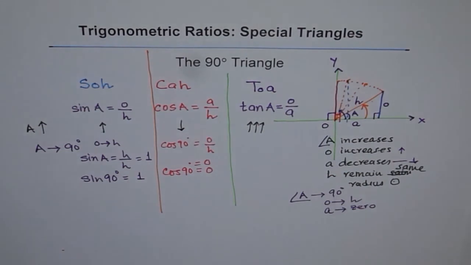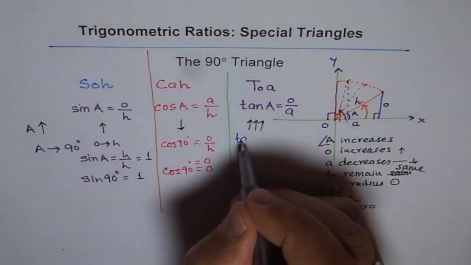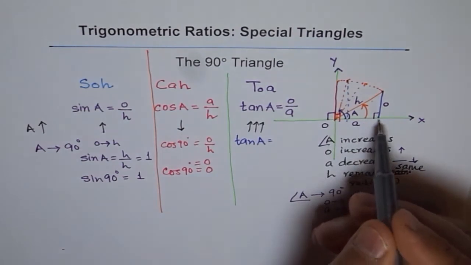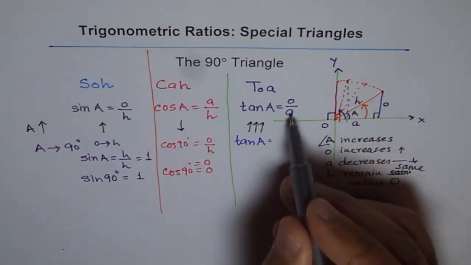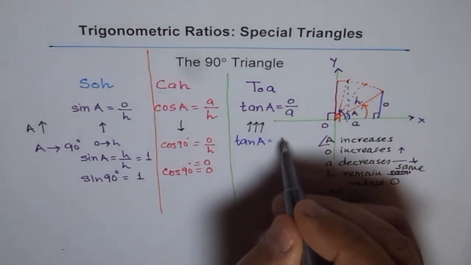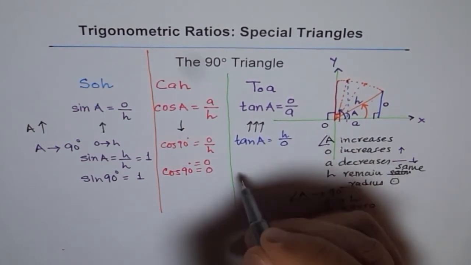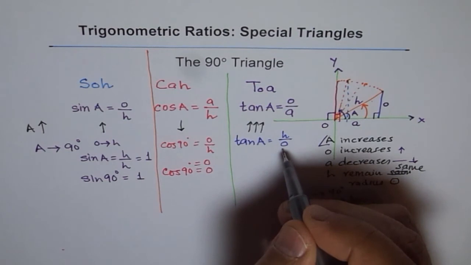And how about tan? Now tan is very difficult to understand. What happens to tan is that O becomes almost the hypotenuse and A becomes almost 0. So we can write hypotenuse over A, which becomes almost 0. But you can't divide by 0, correct?